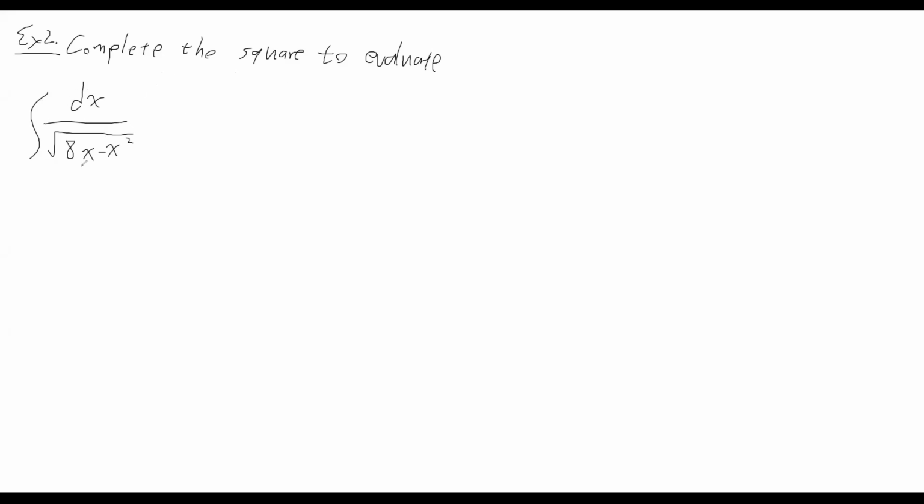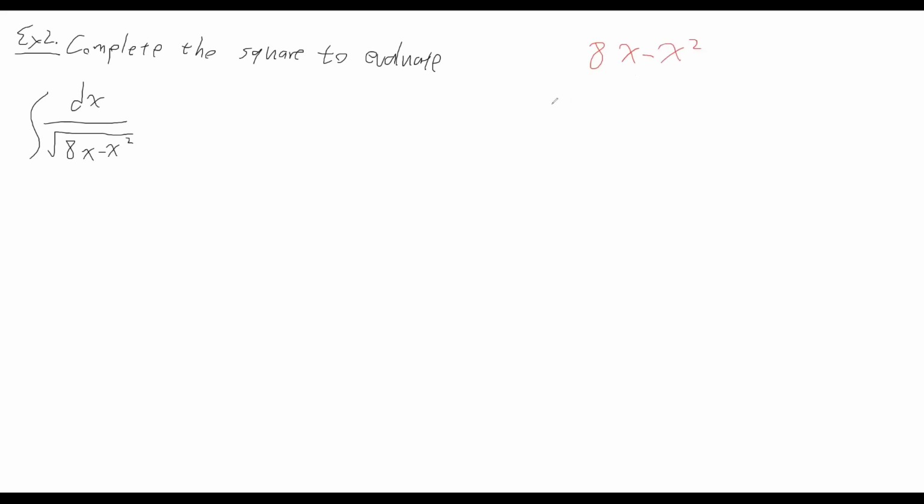If we look at this integral, it doesn't look like we can use u sub because there's nothing in the numerator, and it doesn't look like any of the inverse trig forms. So the only thing we can do with the inside is to complete the square. Let's do that on the side. Say I have 8x minus x squared.